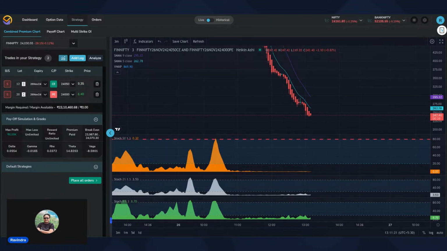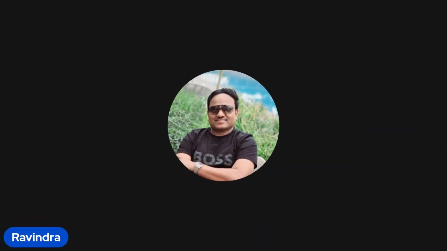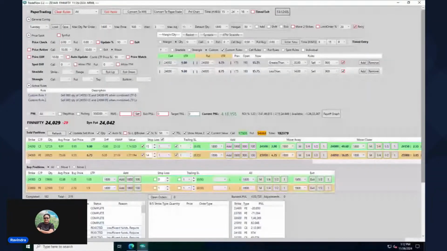Nifty we can never trust. It's not moving much.